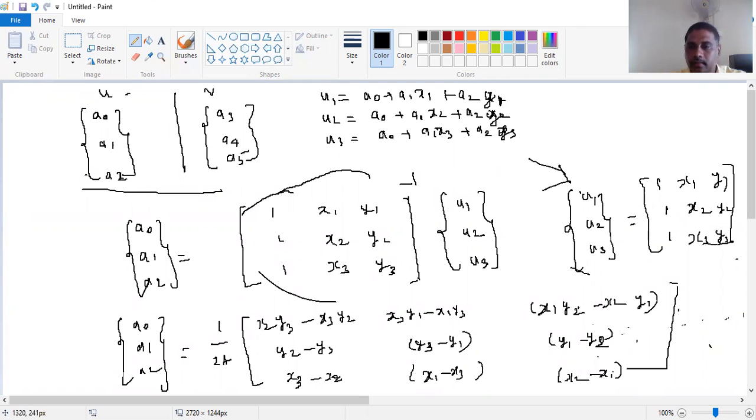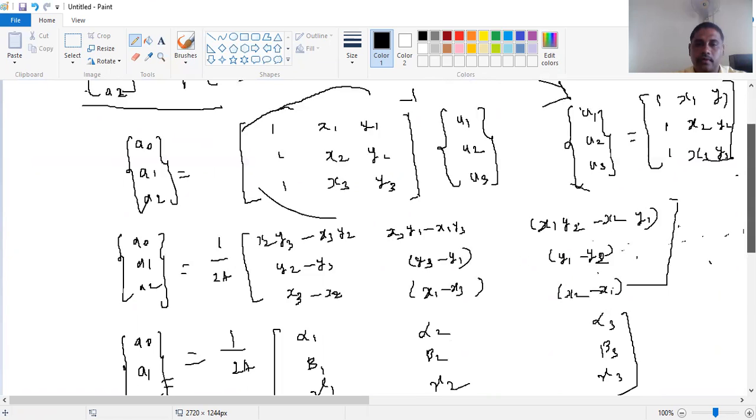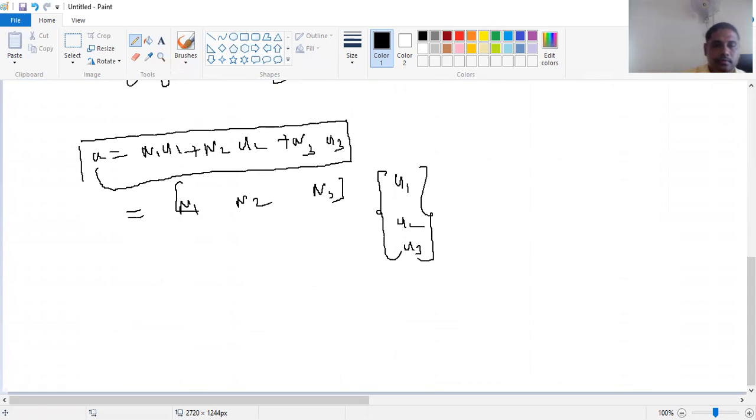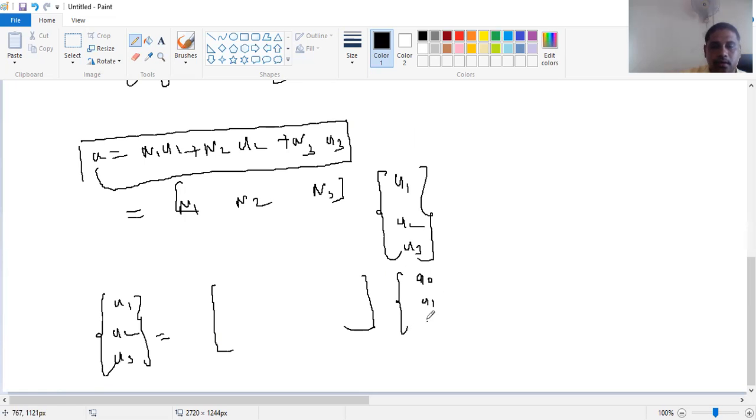It is already mentioned here, isn't it? u1, u2, u3 must be equal to the matrix with rows 1, x1, y1, then 1, x2, y2, then 1, x3, y3, multiplied by A0, A1, A2.